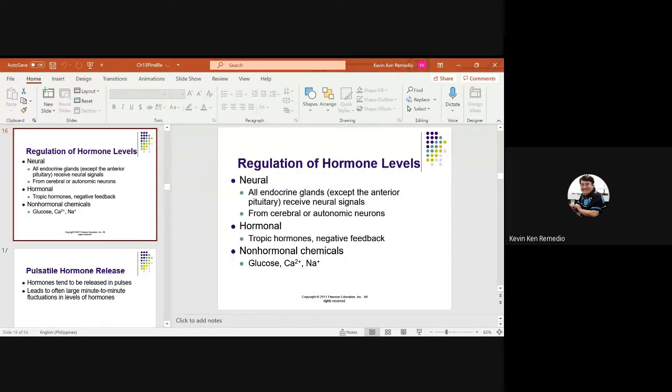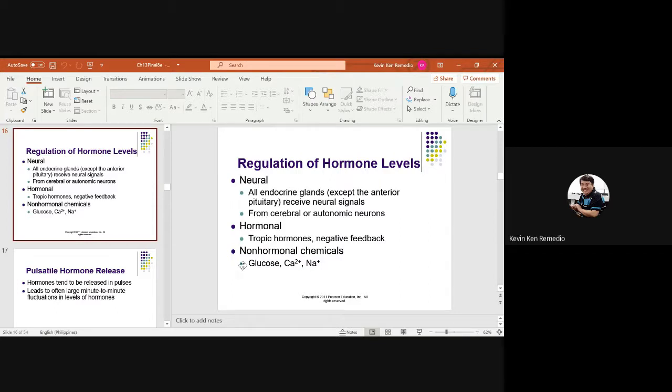So what do the neural signals contain? The neural signals will tell the endocrine glands to produce a hormone or not produce a hormone. Duha ra na gyud ang sugo niya. Mag-produce ba og hormone or dili mag-produce og hormone. So mao na ma-regulate siya sa mga neural signals coming from the brain. Pwede pod hormonal.